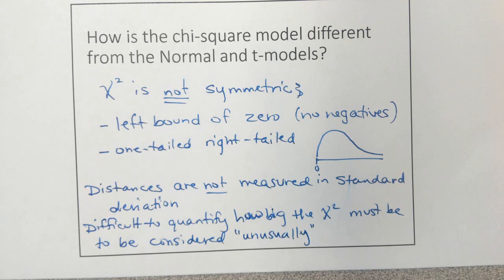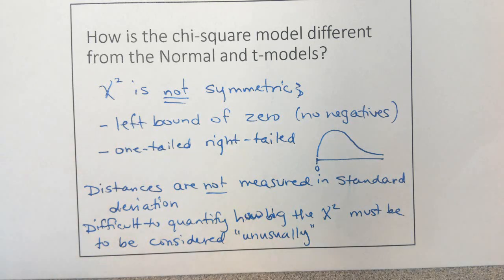So we're going to rely on computations, formulas, and the calculator to give us a p-value, and we're going to judge statistical significance. We're going to judge how unusual, how too big that chi-squared is, based on a p-value that will be computed by the calculator.